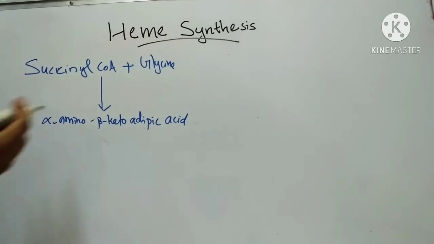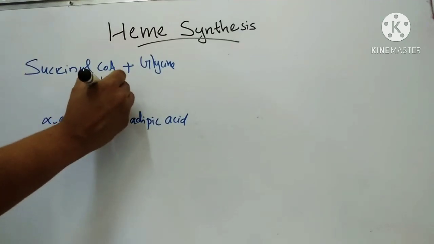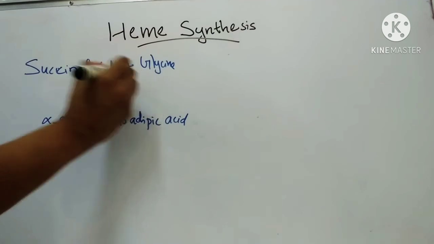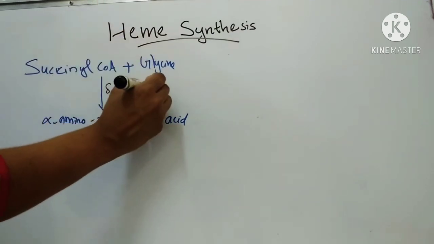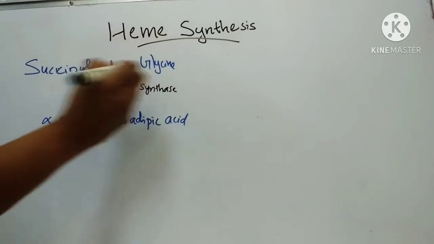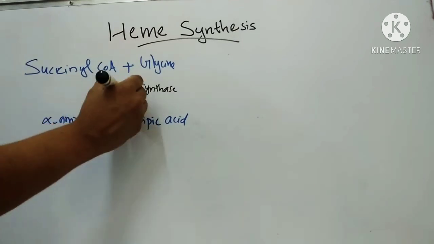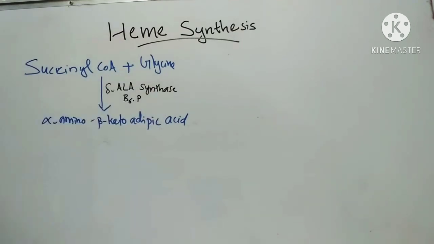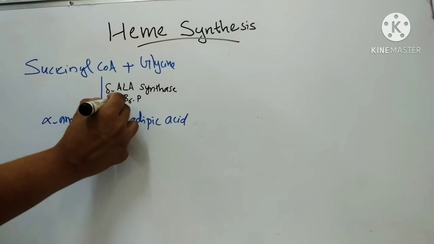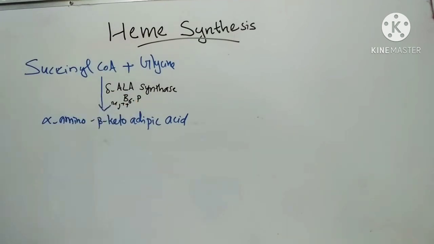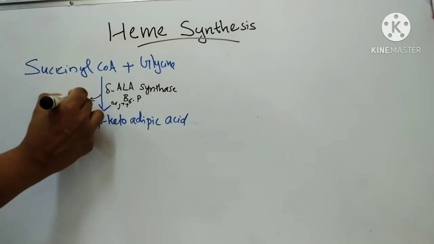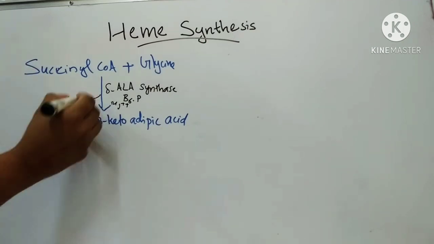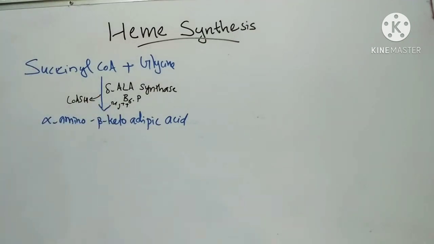The enzyme catalyzing the reaction is delta amino levulinic acid synthase. It requires B6 phosphate or pyridoxal phosphate as the coenzyme and it requires Mg++. Here CoA SH is released. So this is the first step in the biosynthesis of porphyrin or heme.